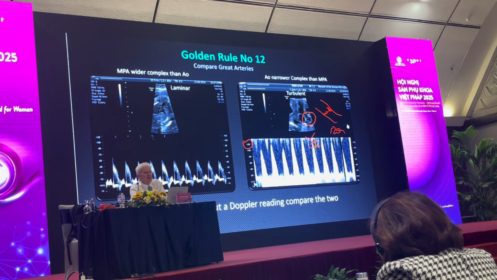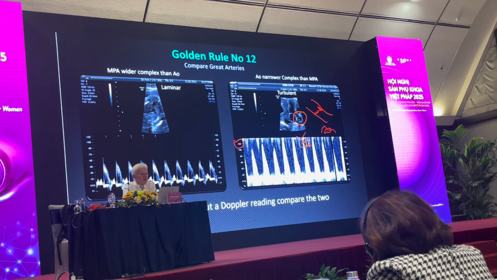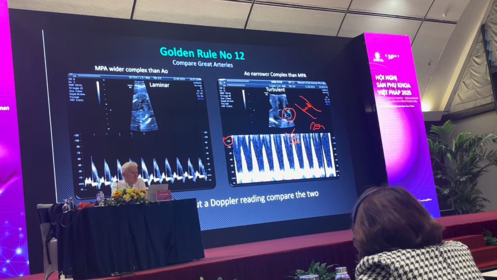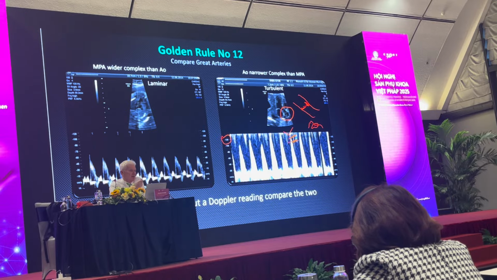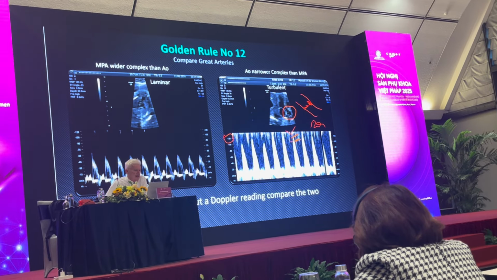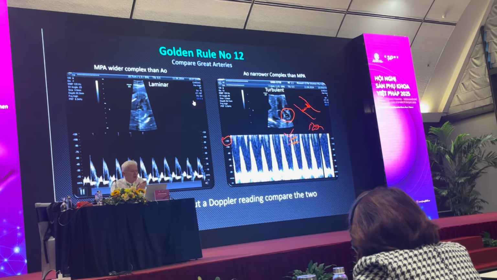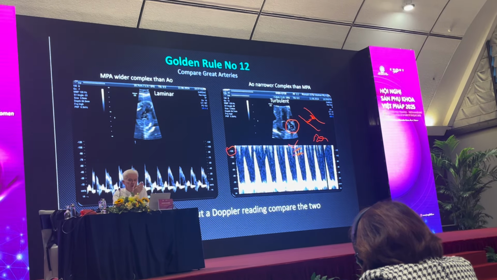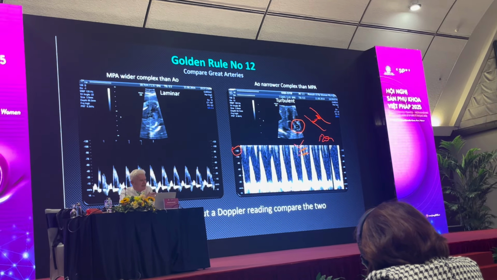And you say to me, Simon, but sometimes when you do Doppler, you get false positive readings. I say, I agree with you. But how can you be sure that this baby's got aortic stenosis? The answer is, you look at the pulmonary artery and you compare. Because the velocity of flow in the pulmonary artery and the aorta in the baby are the same, more or less.